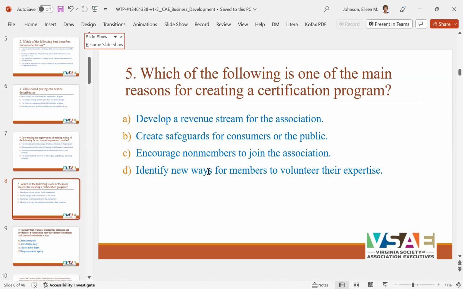So creating, developing a revenue stream, that could be beneficial. Encourage non-members to join. Most certification programs don't require a membership, so maybe we can eliminate C. Identify new ways for members to volunteer their expertise. That happens when you're building the program or creating a new certification.